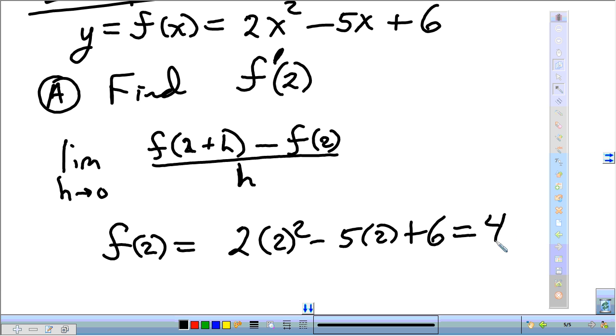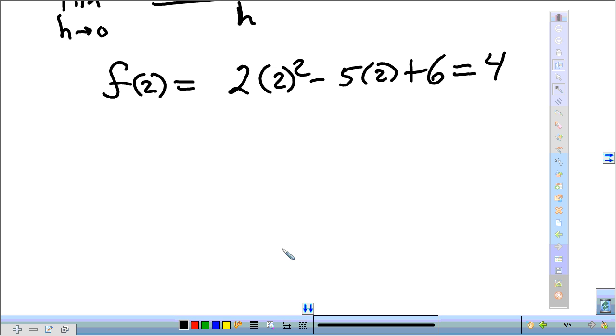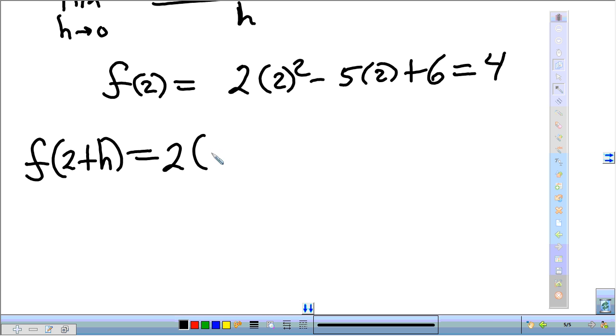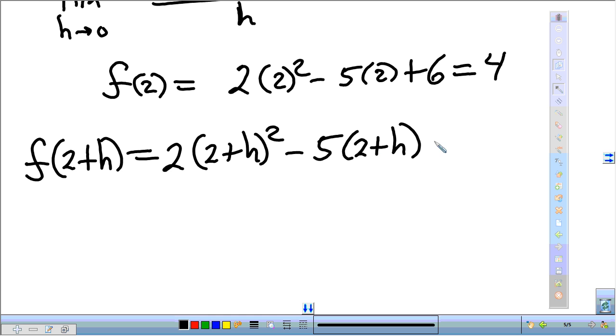So we come out with a value of 4. Now in our limit, we also need what is f evaluated at 2 plus h. So 2 times, and then we square 2 plus h, minus 5, and then the x becomes 2 plus h, plus 6.